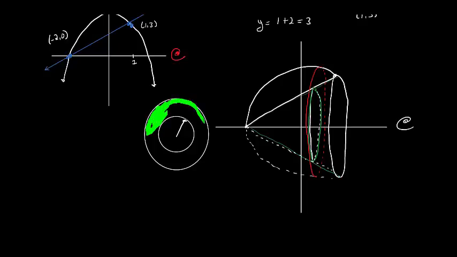Maybe I won't shade the whole thing. That might take a little too long. So everywhere that I'm shading here is solid, and then everywhere that is not shaded is hollow. So there we go. So this right here is solid, and then everywhere else is hollow.